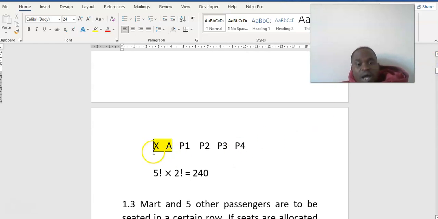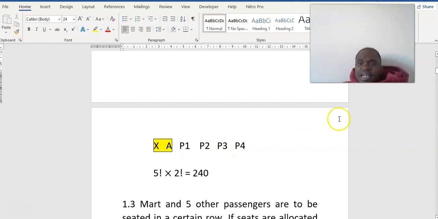So this is Koliswa, Agnes, passenger 1, passenger 2, passenger 3, passenger 4. In all we have how many passengers? 1, 2, 3, 4, 5, 6, because we have to include Koliswa and Agnes. They are also passengers.